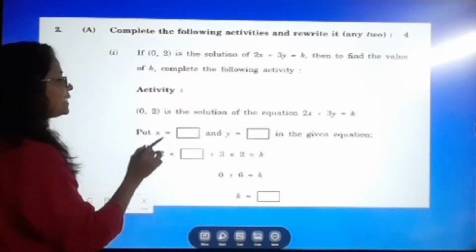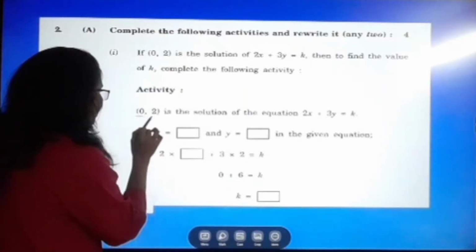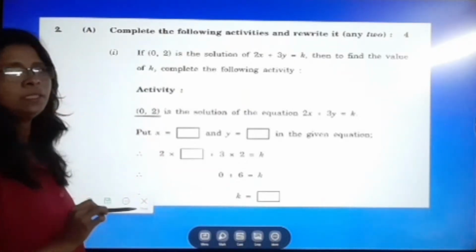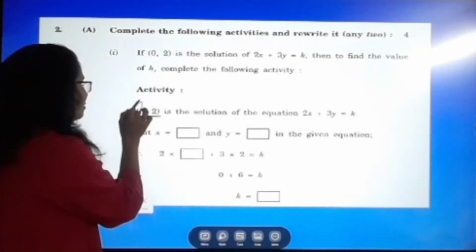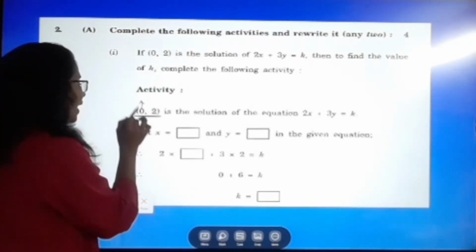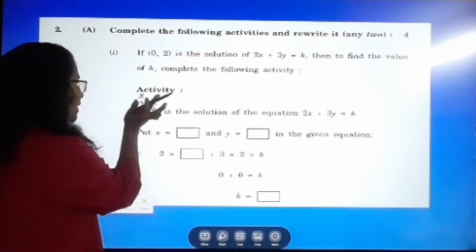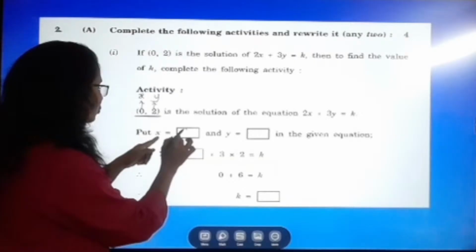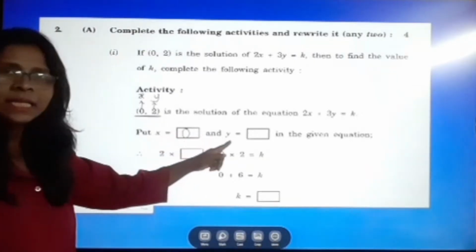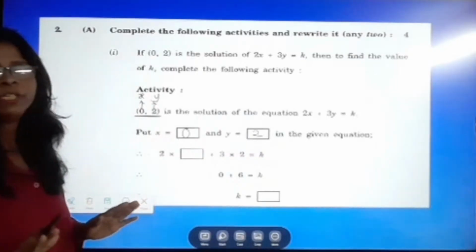Then put x is equal to... So now here, students, these are the coordinate points. The first value is for x and the second value is for y. So put x is equal to 0 and y is equal to 2 in the given equation.